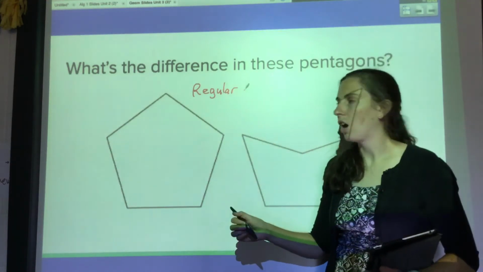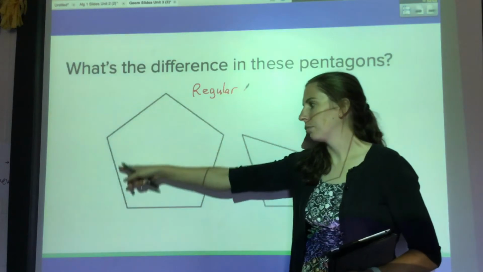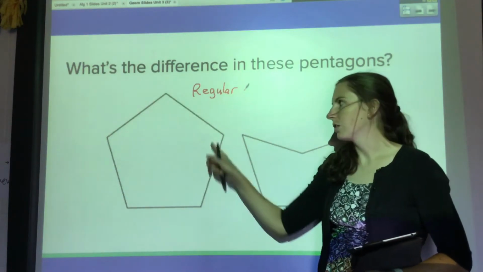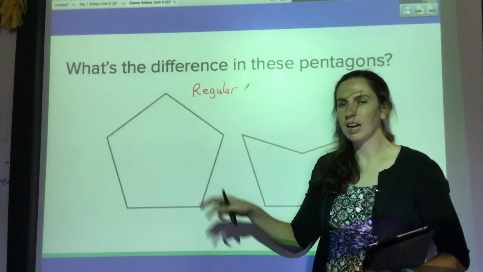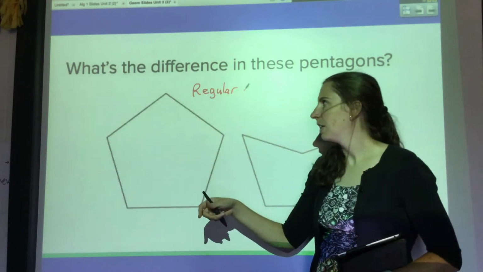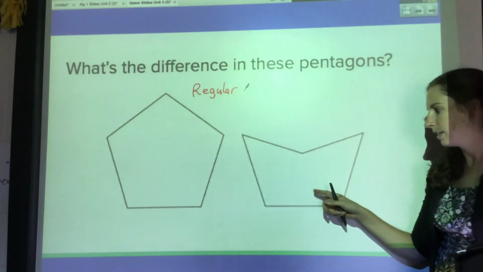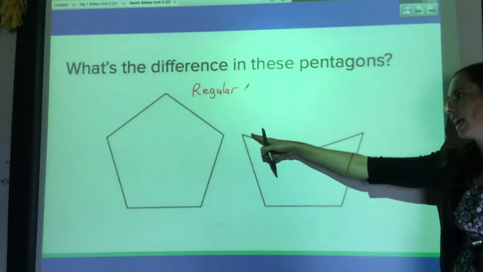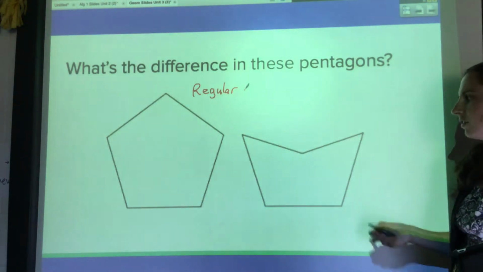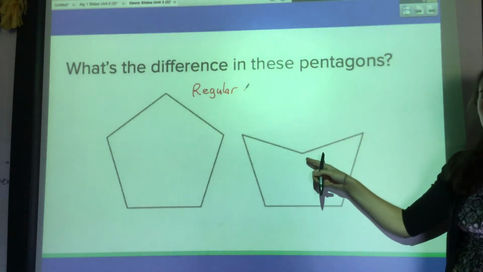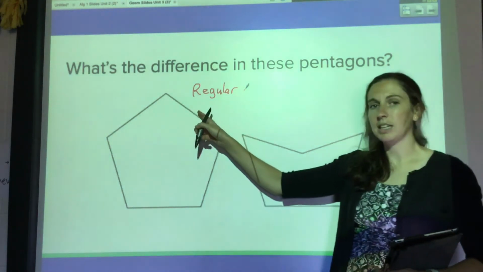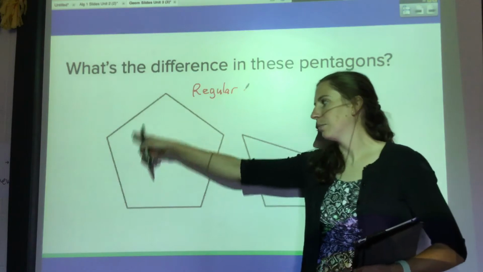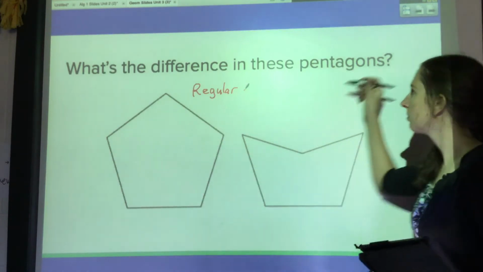Regular means all the sides are the same length and all the angles are the same measure. So it's kind of even all the way around. This does not have the same angles all the way around. This is what we call concave because it kind of caves in on itself. So this is not a regular pentagon. This one is regular because it has all the same side lengths, all the same angle measures.